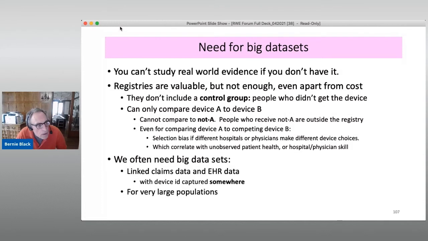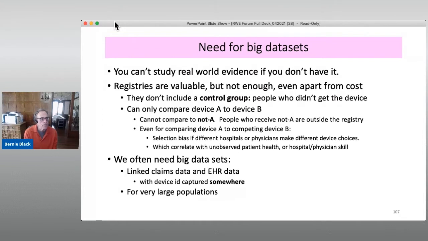Registries are great, but they're not enough even apart from cost, because they don't include a control group of people who didn't get the device. You can compare two devices, you can compare two drugs, but you can't compare A to not A, right? People who get not A are outside the registry, and even if you're comparing two devices, different physicians at different hospitals are using the different devices, and that's going to correlate with unobserved patient health or hospital physician skill.